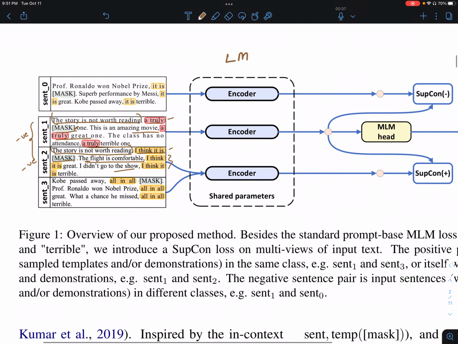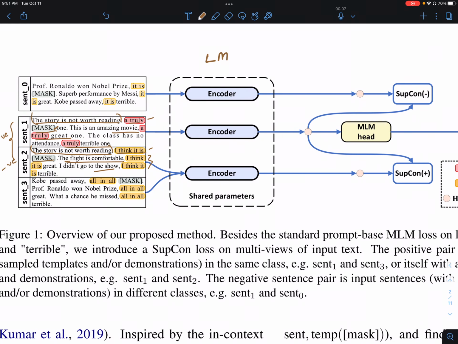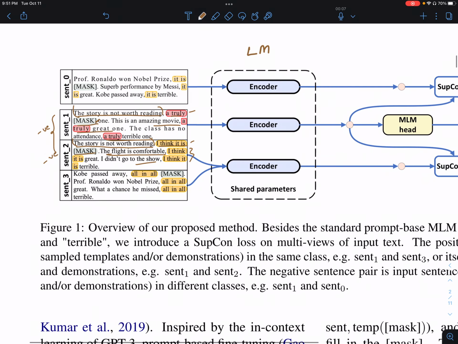In a contrastive learning framework, examples which are similar are clustered together, and examples which belong to different classes are clustered far apart, right? Here sentence one and sentence two are just the same. So they belong to the same class, and their representations need to be clustered together. Whereas if you compare sentence zero and either of these sentences, they are from two different classes, right? Sentence zero is Professor Ronaldo won Nobel Prize.